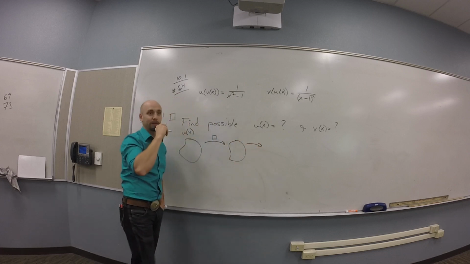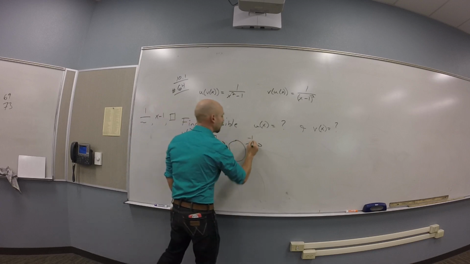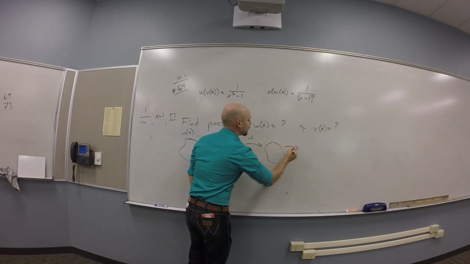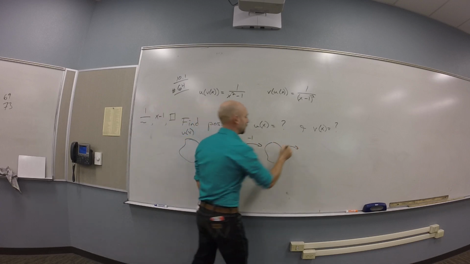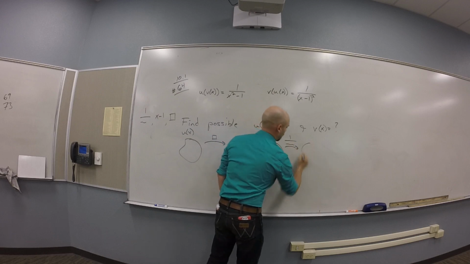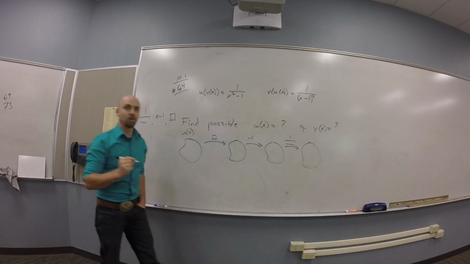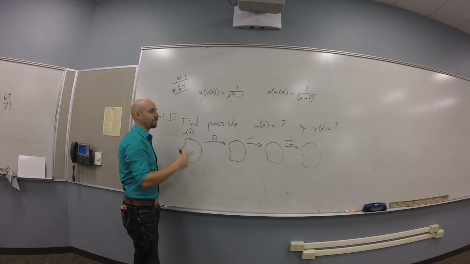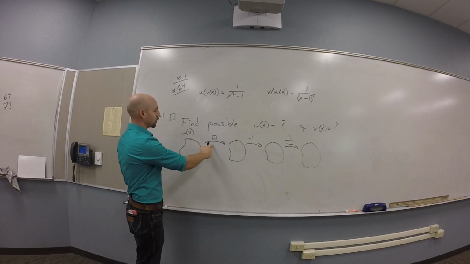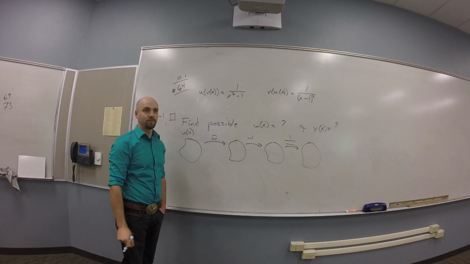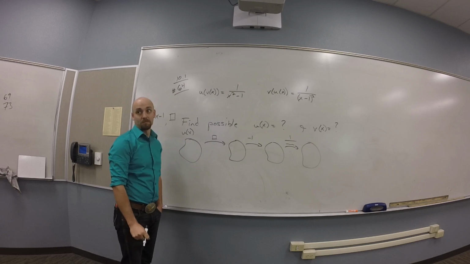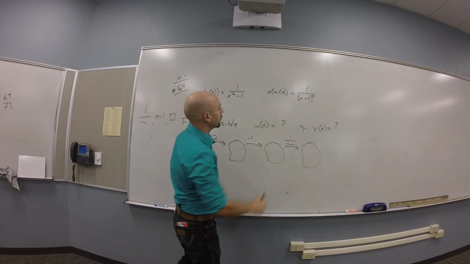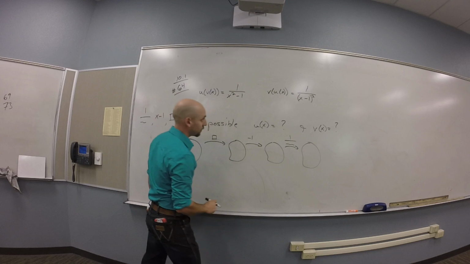Step 2 is subtract 1. And the last step is 1 over that. You guys with me on that? And that's v happening first. So v is going to either be squaring or squaring minus 1. Okay? Let me draw the diagram for the other one.